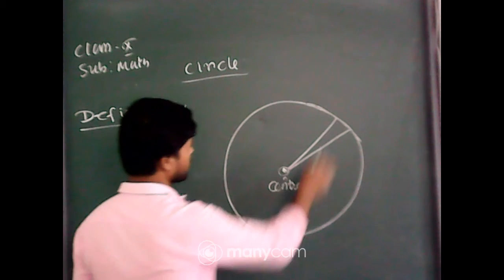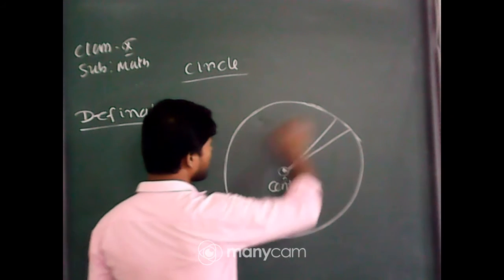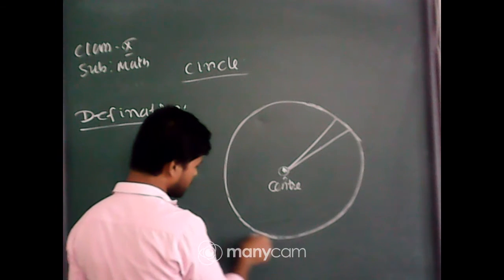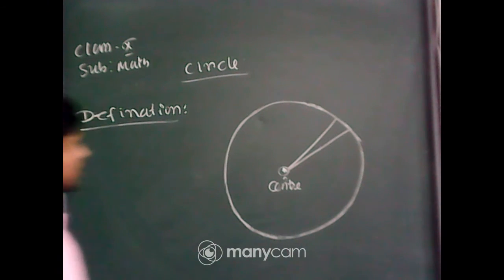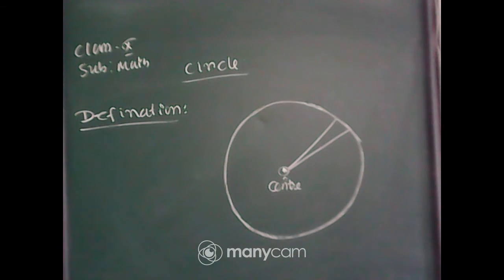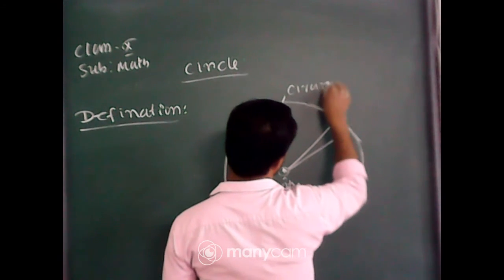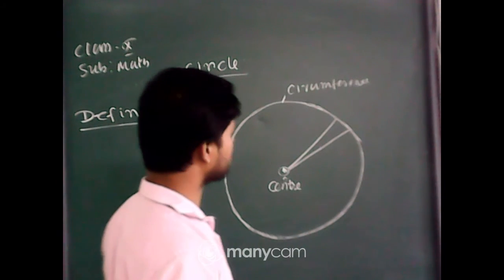And the collection of all points, this curve, do you know the name of this curve? This total boundary, the length of the total boundary, is called the circumference of a circle.